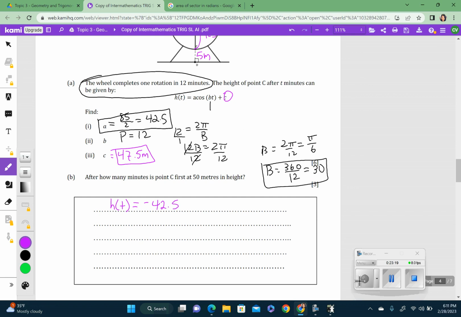And then it's a cosine, so that's COS. We found out that our B is 30, so I'm going to put 30, and then we're going to put T here, close that, plus, and our C is 47.5, and we're going to set this equal to 50. So it says after how many minutes is point C first at 50 meters in height.